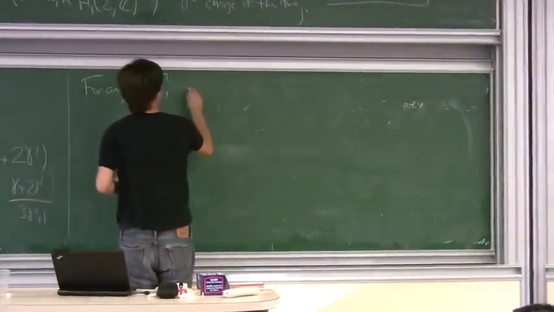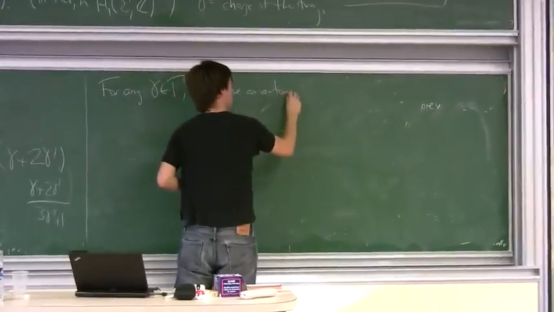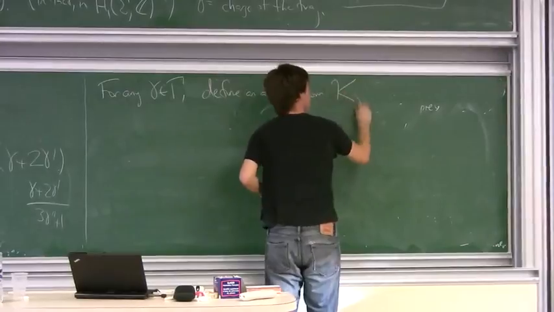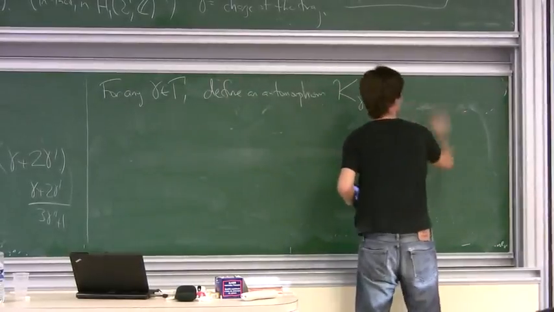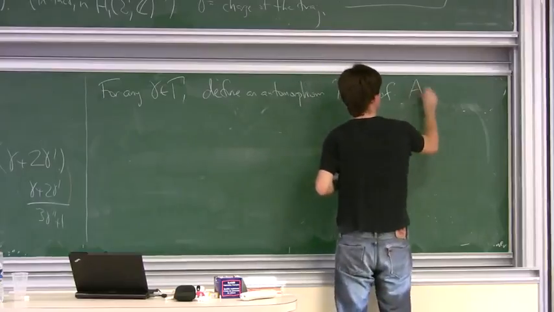So for any gamma, we'll define an automorphism, let me call it K gamma, of this algebra A.